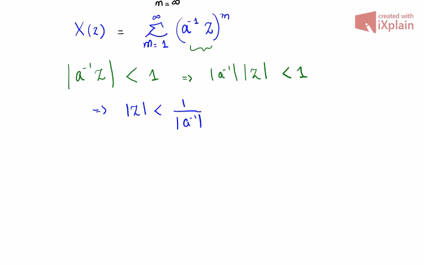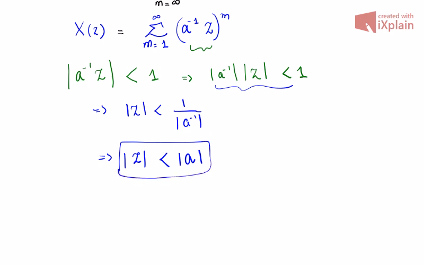From this inequality, we can say that the absolute value of z is less than the absolute value of a. So you take it in the numerator and change the sign of its power. This gives us the region of convergence: the absolute value of z is less than the absolute value of a.